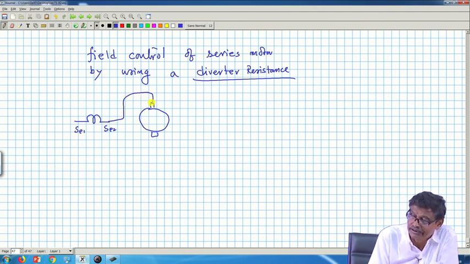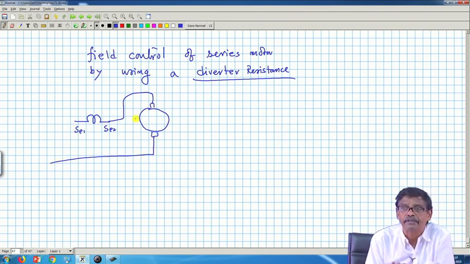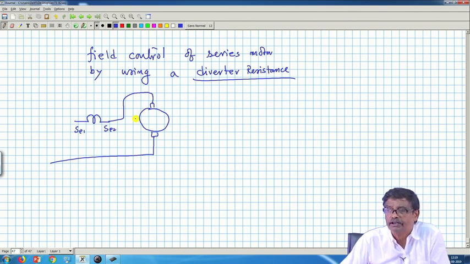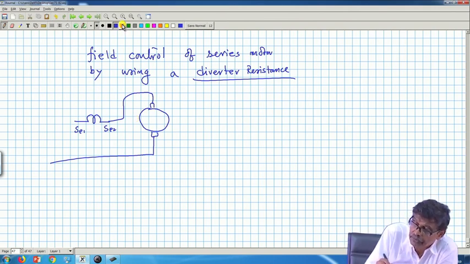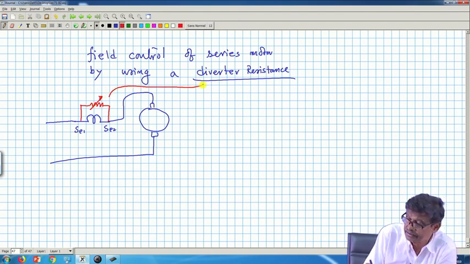This way you connect it, and then your IA and IF are same, your hands are tied, you cannot control the field current separately. But what you do now, you connect a resistance in parallel with the field circuit, and this resistance is called the diverter resistance.